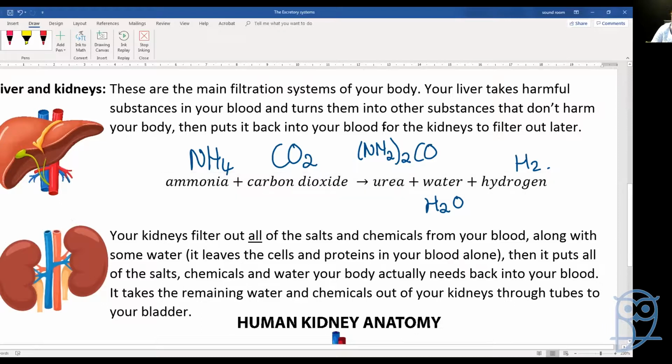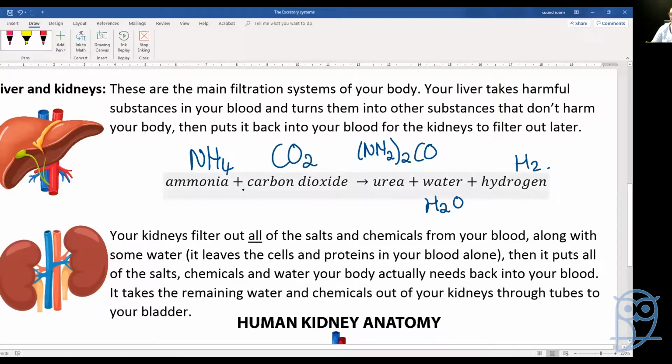The water and the urea sits around in your blood for a while and then gets filtered out with your kidneys. This process of taking ammonia, which is a byproduct of making proteins to build your cells with, is actually a very complicated process that takes place in the liver. So I'm not going to go into much detail about how this works.